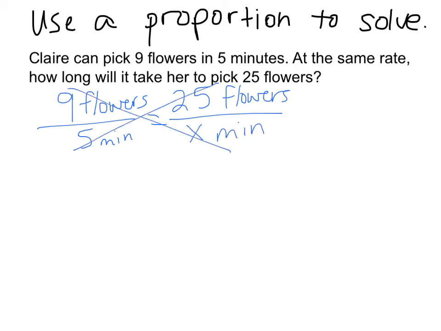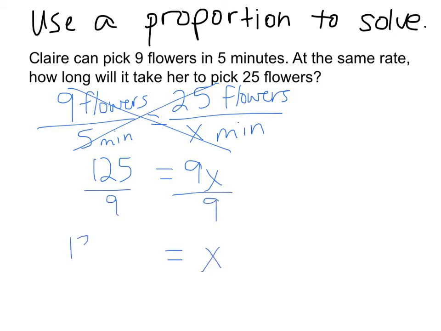And then I'm going to cross multiply, so I have 9x equals 125, and I'm going to divide both sides by 9, and I get x equals, and I'm going to round to the nearest tenth, so 13.9 minutes, because I want to know how long.